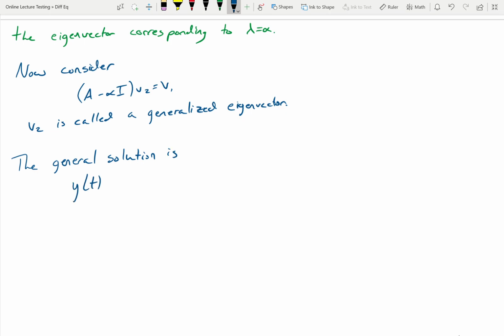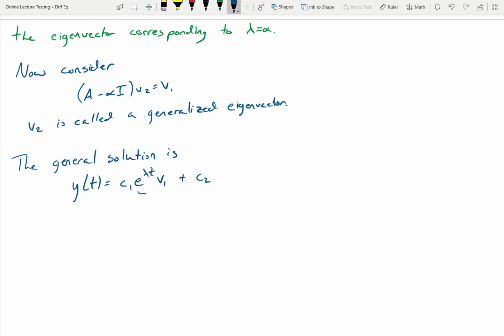Y of t is equal to C1 e to the lambda t V1. Okay, this V1 was the original eigenvector that this is coming from for lambda, so we've already got that out of the way. Plus, now our lambda, when we're dealing with finding Y2, which is C2.